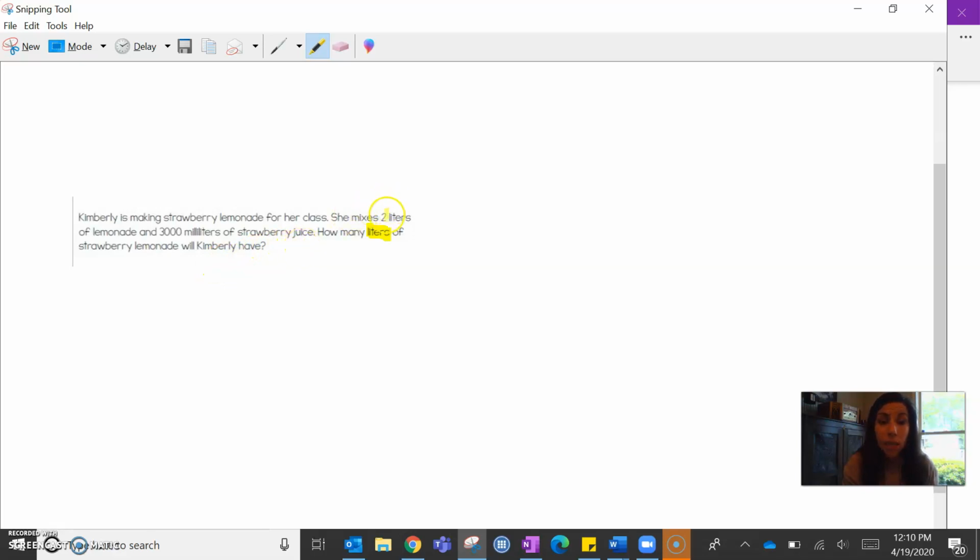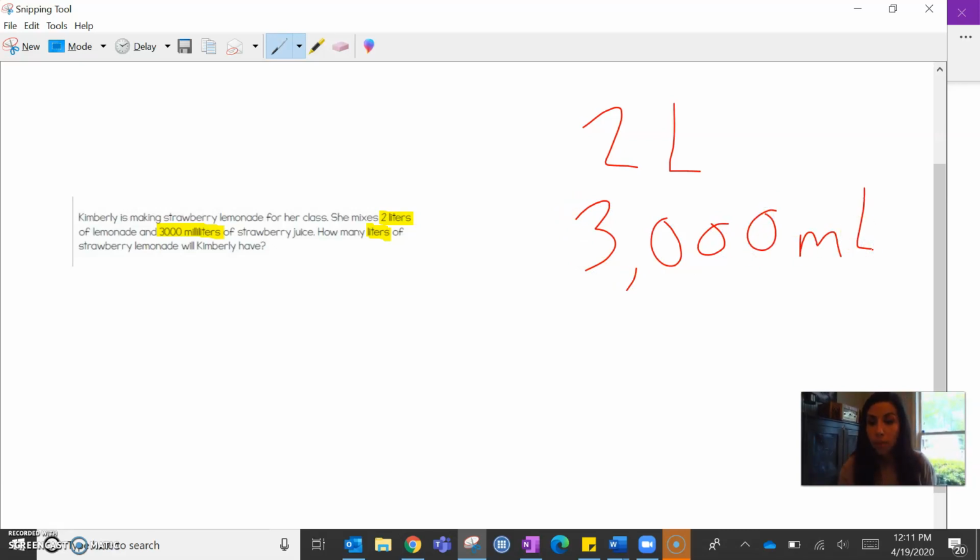Okay, and she's mixing this amount, 2 liters, with 3,000 milliliters of strawberry juice. So she's combining 2 different amounts. One of the amounts is 2 liters, and the other amount is 3,000 milliliters.